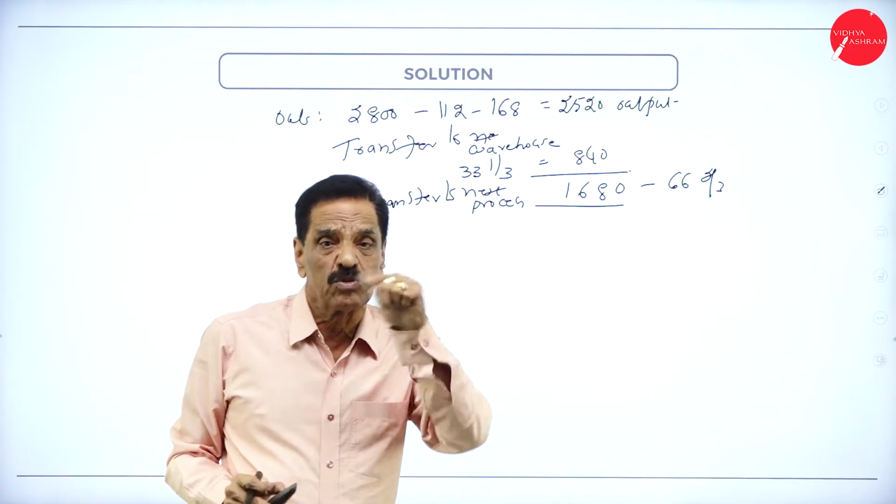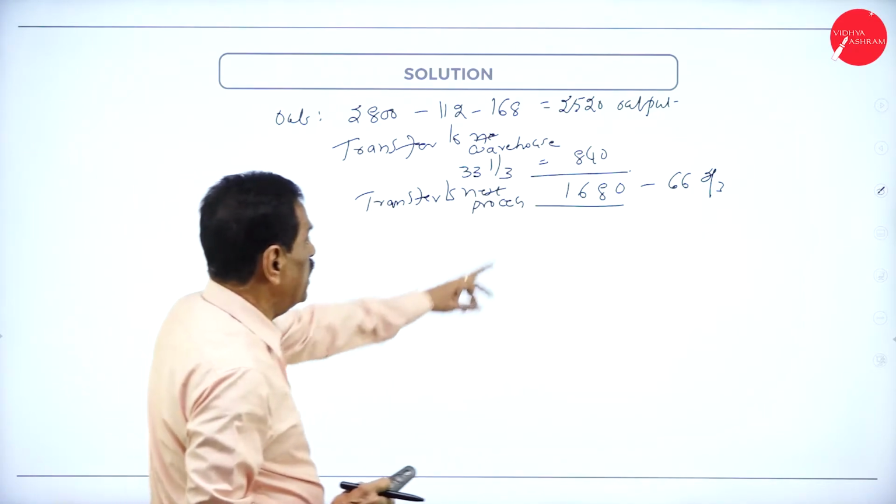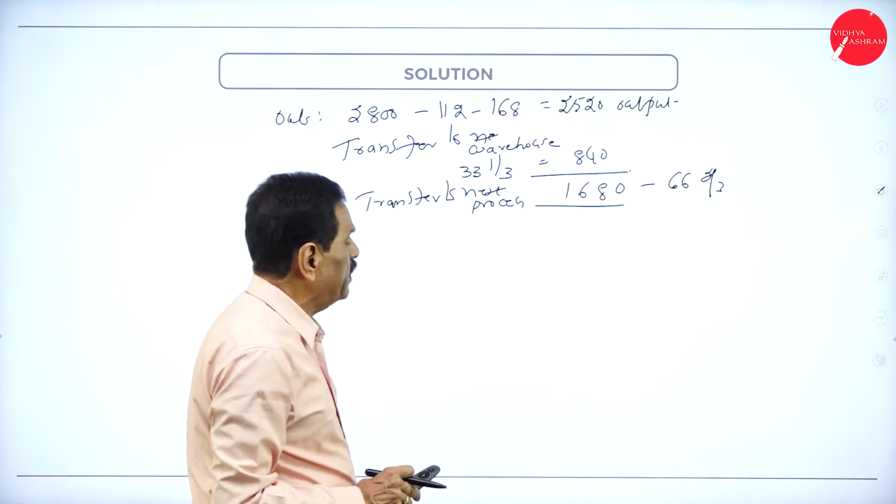So 1 by 3 of the output is 840 tons. 66 2 by 3% is 2 by 3 of 100, which is 1,680 transferred to the next process. Your total output is 2,520; 840 will be transferred to the warehouse and 1,680 will be transferred to the next process.